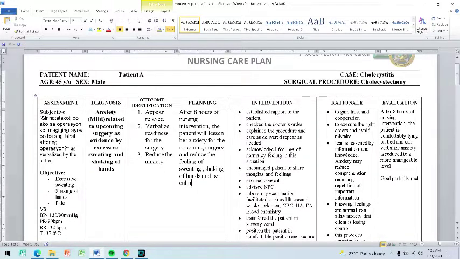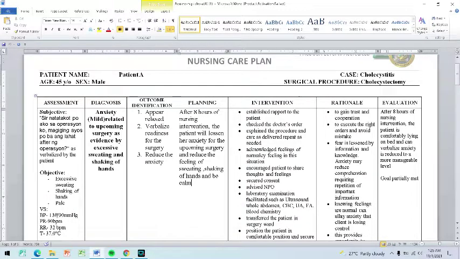So the student put the subjective data, which is, "Sir, natatakot po ako sa operasyon ko. Magiging ayos po ba ang lahat after the operation?" So this is as verbalized by the patient. And the objective data, based on observation of the nurse or nursing students, is excessive sweating, shaking of hands, pale.